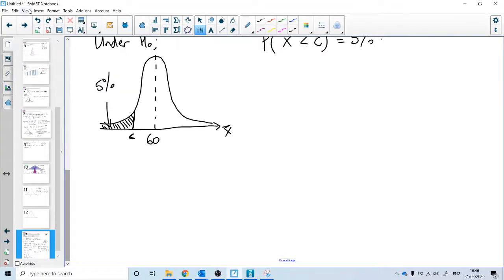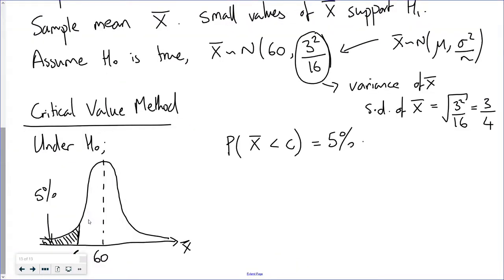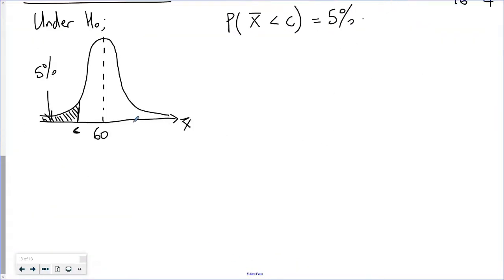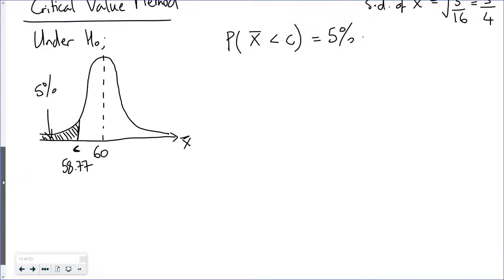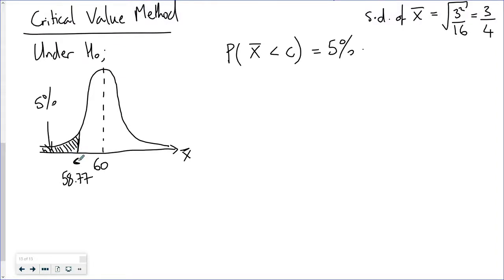So c is 58.77. That means that if x bar is to the left of 58.77, smaller than that, we're in the final 5% and we can reject H0.